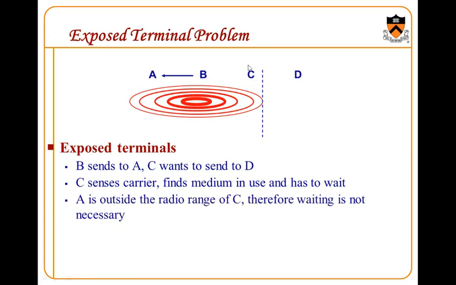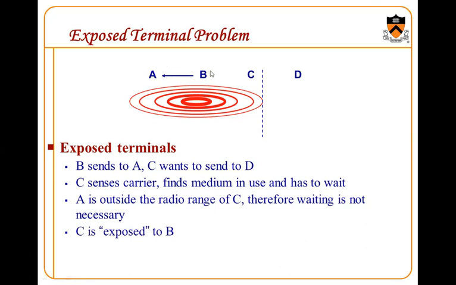But if you have a look at the node positions, node A is outside of the range of node C. So the communication of node C will not affect the communication of node A. Therefore, waiting should not be necessary.